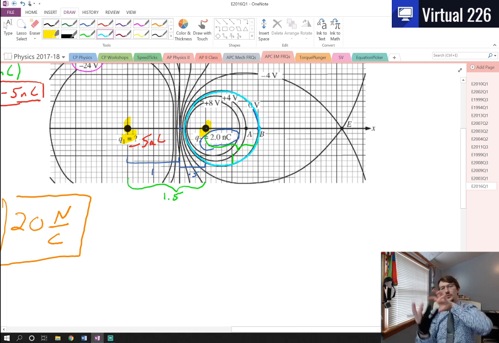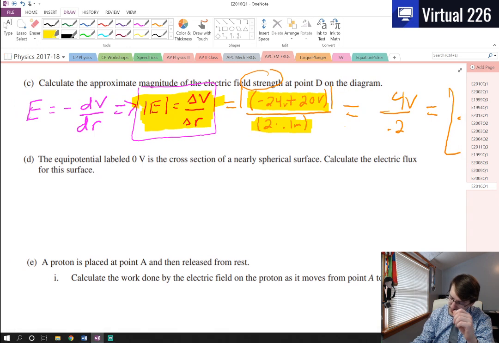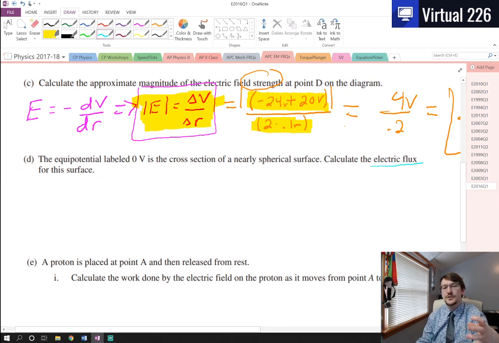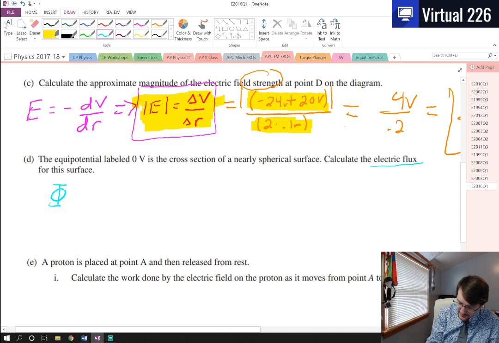So if that's some sort of spherical charge, when we see electric flux, we might initially be thinking Gauss's law, which means a closed path integral. But what we should just remember is that flux, and this is an electric flux in our case, is just equal to the charge enclosed divided by epsilon naught.